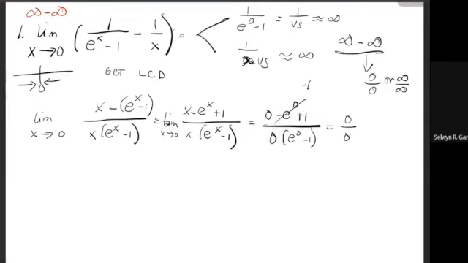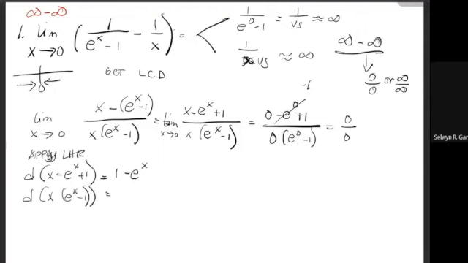Now that you have verified that it is 0 over 0, you're going to apply LHR. What's the derivative of x minus e to the x plus 1? It is 1 minus e to the x plus 0. Okay? What's the derivative of our denominator? x times e to the x minus 1.